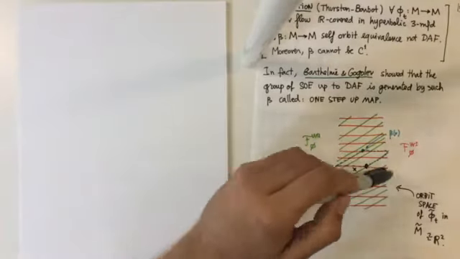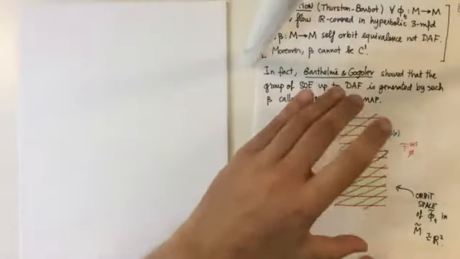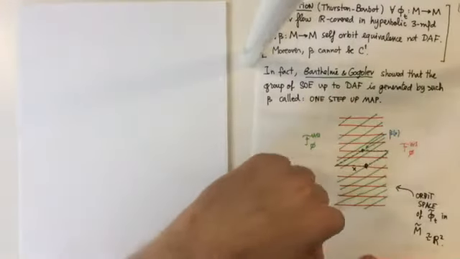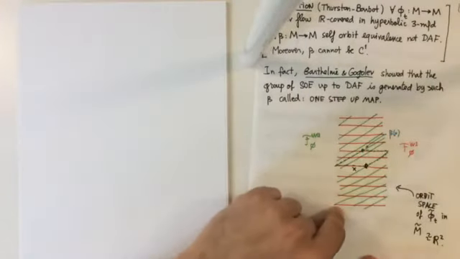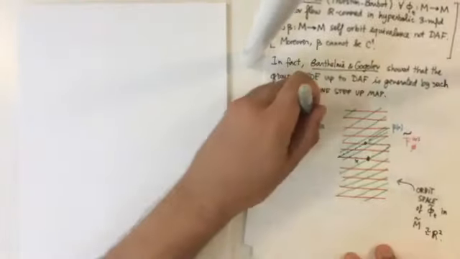Here I draw a way to see this. I need to explain this drawing. Here I'm drawing in red the weak stable foliation of the Anosov flow in the universal cover, and in green the weak unstable foliation.